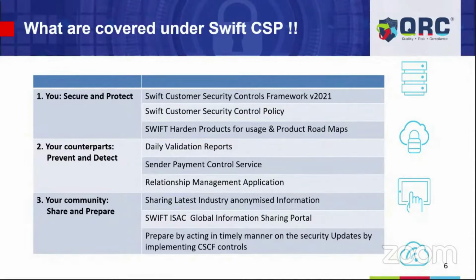For counterparts, prevent and detect daily: the validation reports, payment controls services and relationship management, an application where we can add our counterparts' information and see them. Community-wise, we can publish industry anonymous information, and SWIFT also has a portal continuously providing a lot of information. So this is how these three parts are covered under the SWIFT CSP.